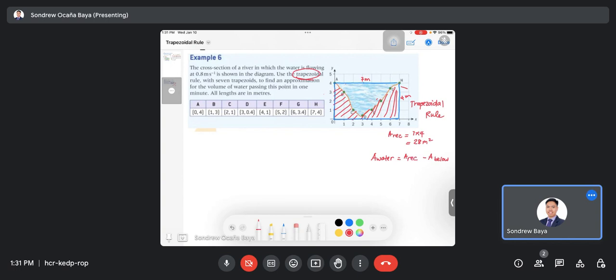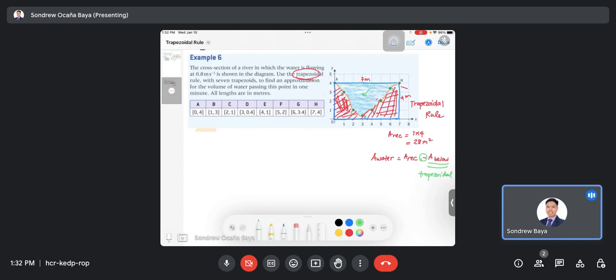So basically, if we remove this from the rectangle, we will be left with the water. Okay, this is what's left. In other words, when we say remove, the operation is subtraction. That's the reason why the trapezoidal rule is still needed, because the area below the curve, which we need to remove, can be solved using the trapezoidal rule.